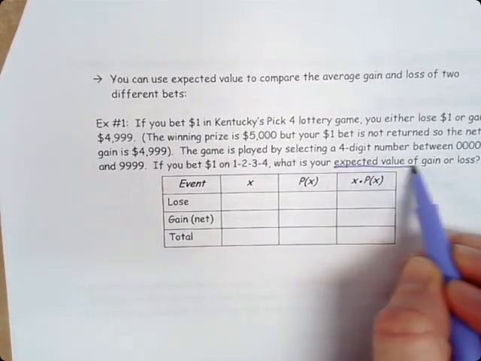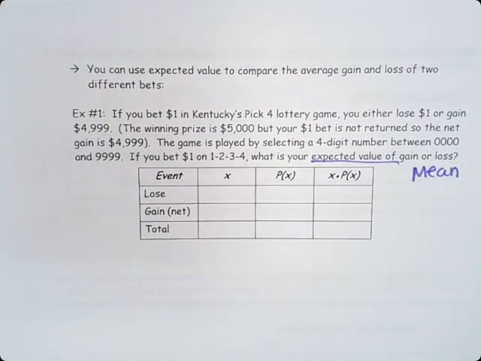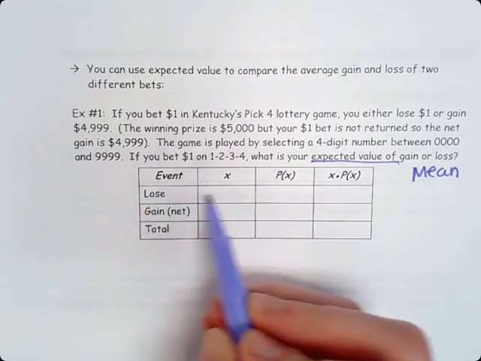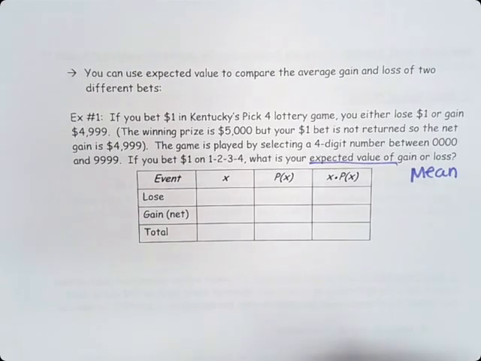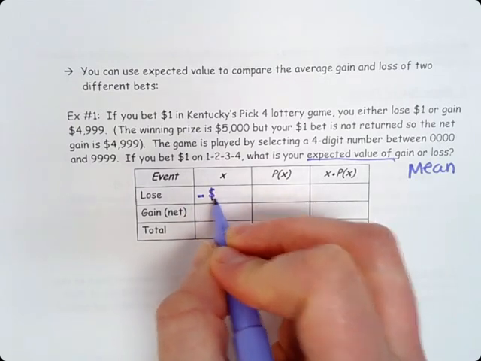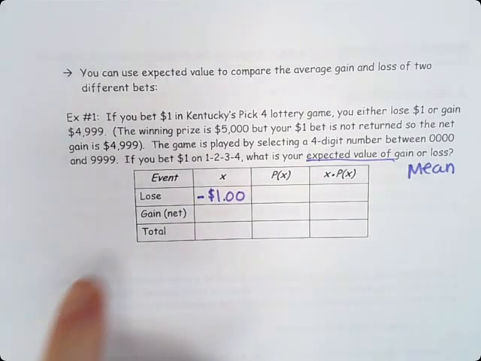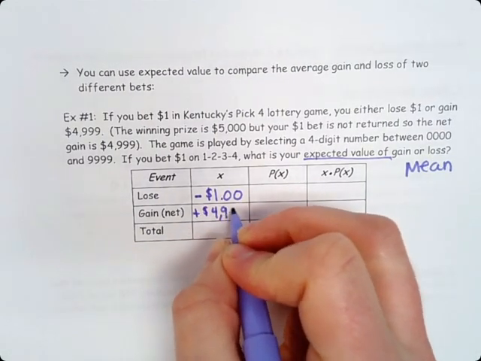So expected value, we are going to find the mean. Okay, so let's look at our random variable. You could either lose $1, so our random variable is going to be negative $1. Our gain is going to be our net, 4,999.